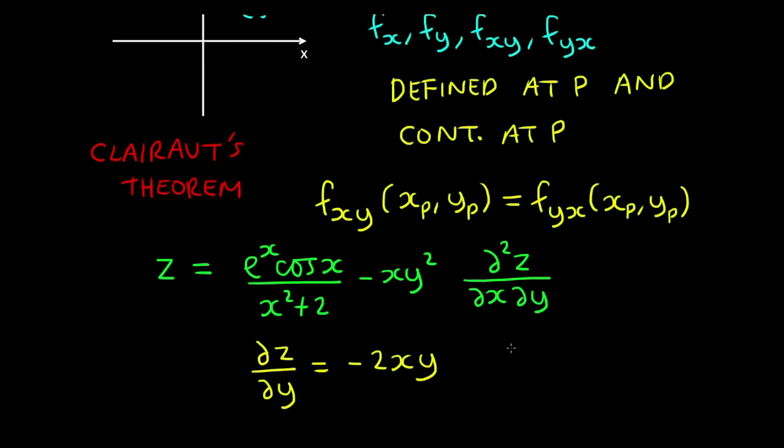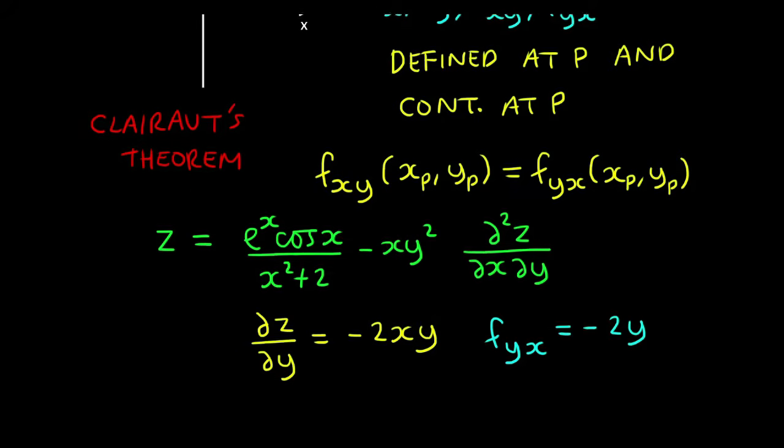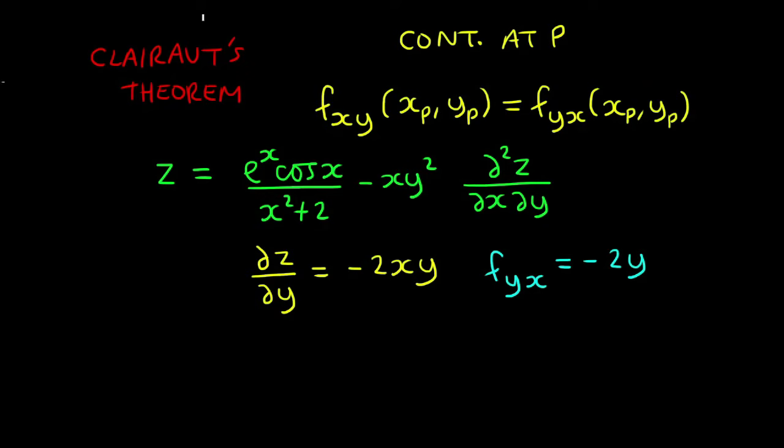And therefore, if we now differentiate with respect to x, so we first differentiated with respect to y, and now x, that gives minus 2y. Now in contrast, we could have differentiated with respect to x first, and then y.